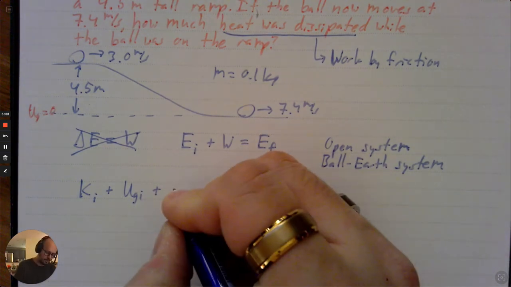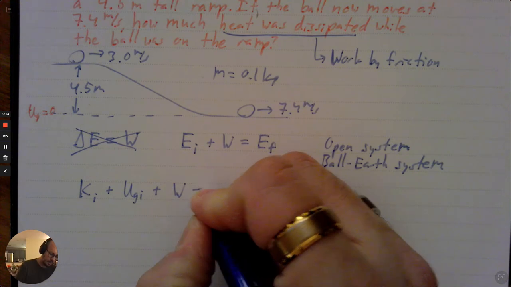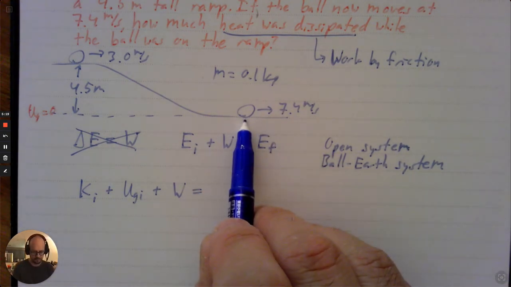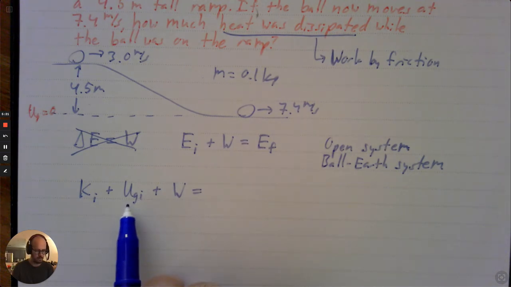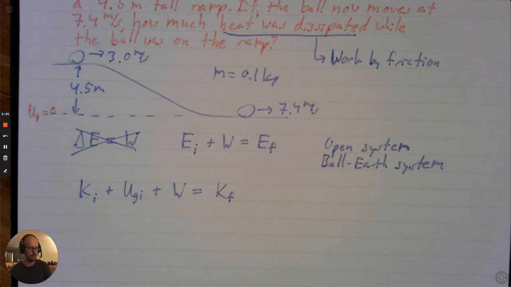Then there's work, and I'm just going to leave it as a W for now because I don't know what I want to do with it yet. As far as final mechanical energy, the ball is at the bottom of the hill, so there's no more gravitational potential energy, but it is moving, and so the final kinetic energy is there.